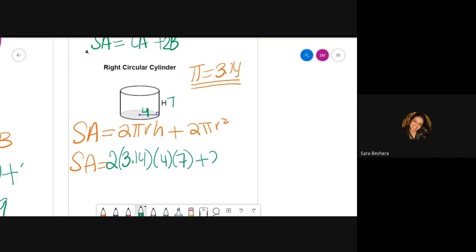Okay, so it would be 4 and then h is 7 plus 2 times 3.14 times 4 squared, or 16. Now let's multiply that. So we get 2 times 3.14 times 4 times 7. I get 169.56.